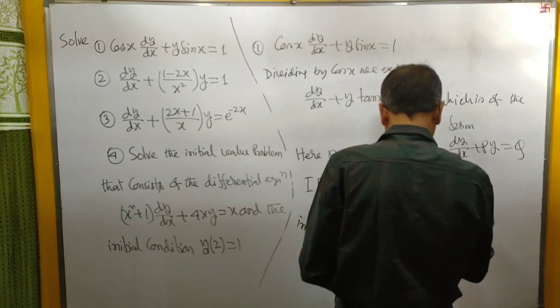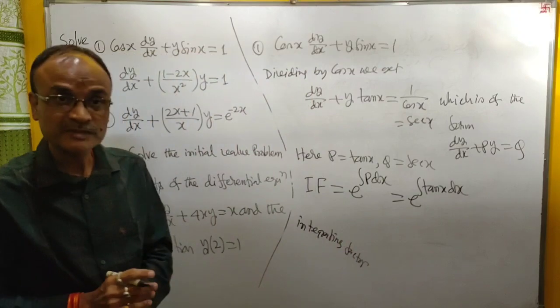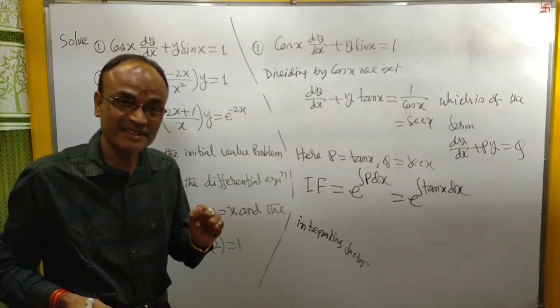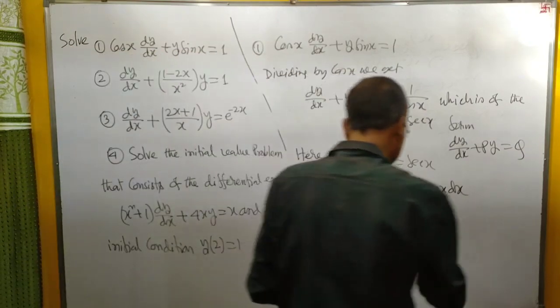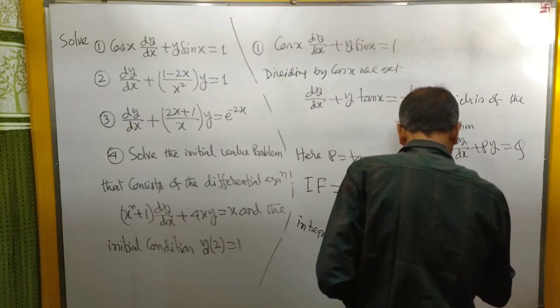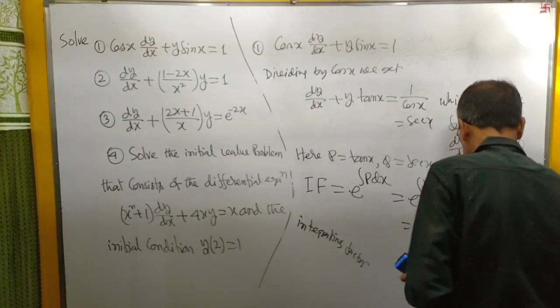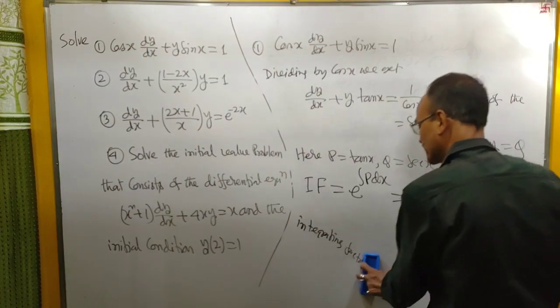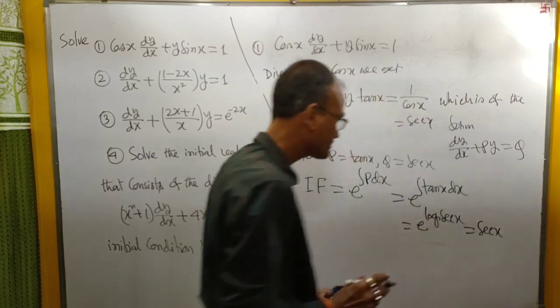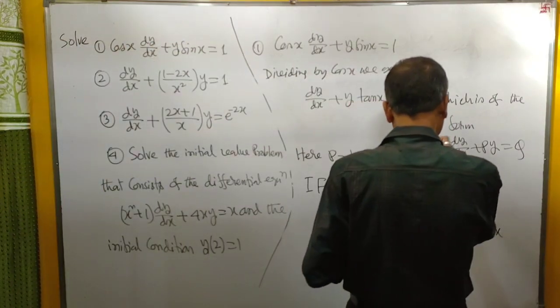This is equal to e to the power integral tan x dx. What is the integration of tan x dx? It is log of sec x. This is equal to e to the power log of sec x, which is equal to sec x. Suppose this is equation number 1.